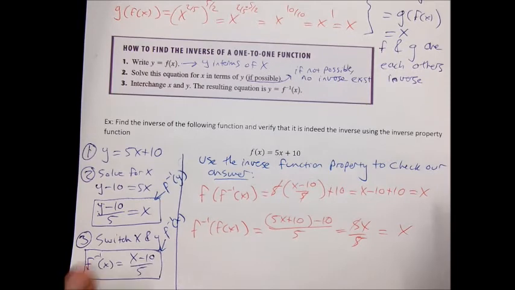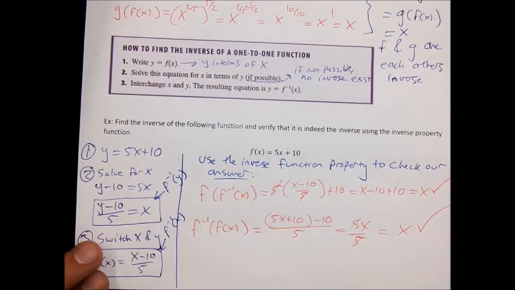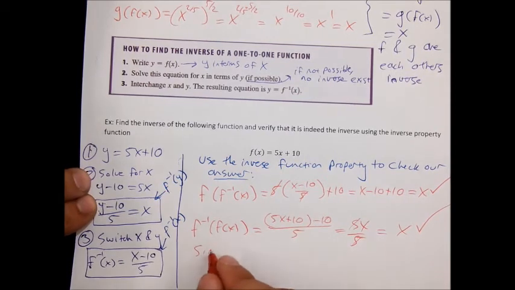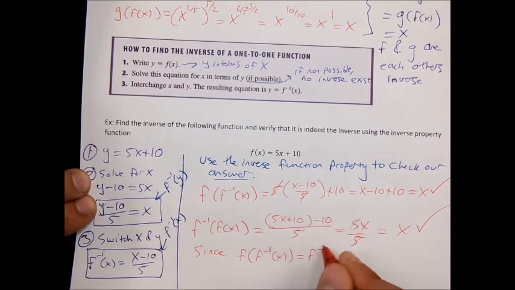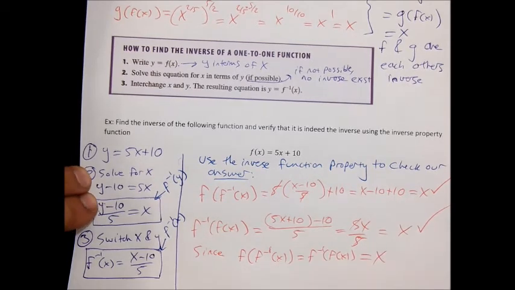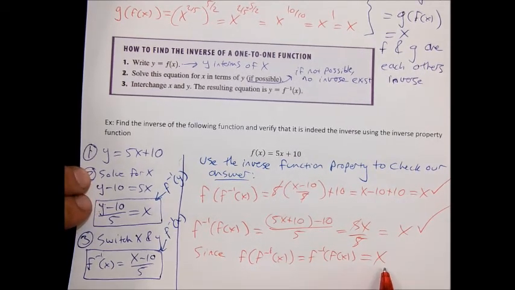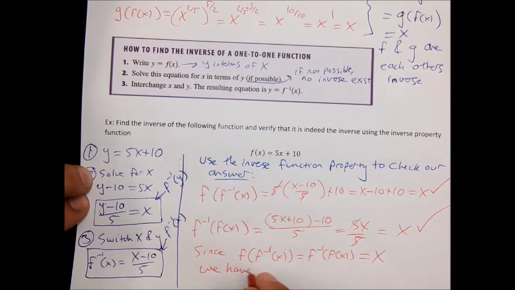So it worked. The first one worked, check. The second one worked, check. Since f of f inverse of x equals f inverse of f of x, and they both equal x, that means we have indeed found the inverse.